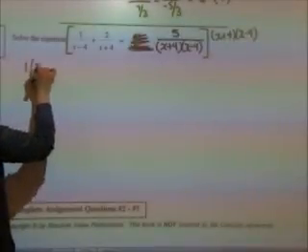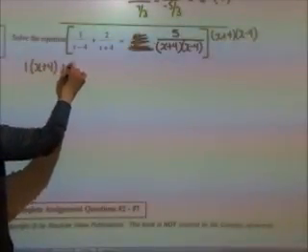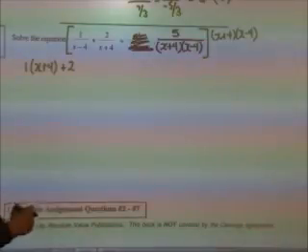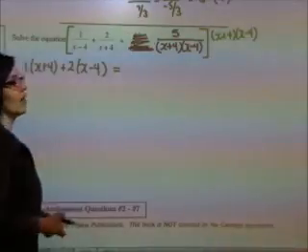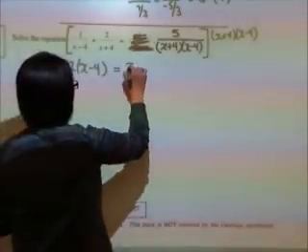So the x minus 4's cancel out. I get 1 times x plus 4. In the second one, I get 2 times x minus 4. And on the right-hand side, the entire denominator cancels out that multiple, leaving me with just 5.